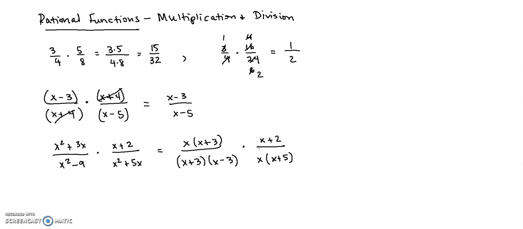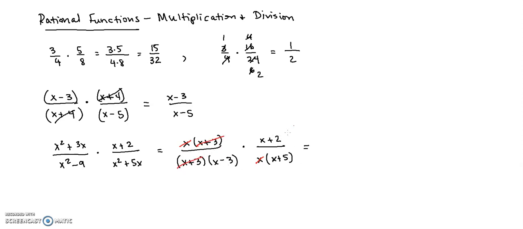Now we look for any factors on the top that can cancel with any factors on the bottom. Remember, they have to match exactly. So x can't cancel with x plus 3 because they don't match exactly, but x can cancel with another x. So I can cancel this x with this x. x can only cancel with another x that's by itself. x plus 3 matches, so I can cancel those.